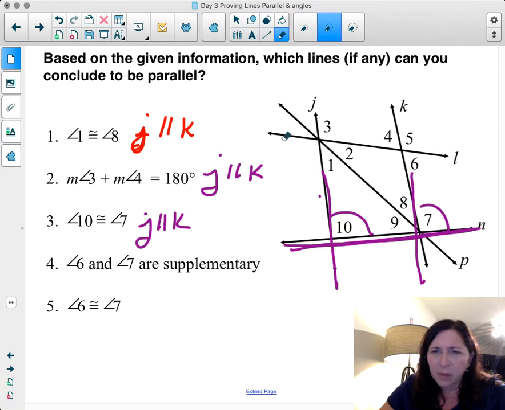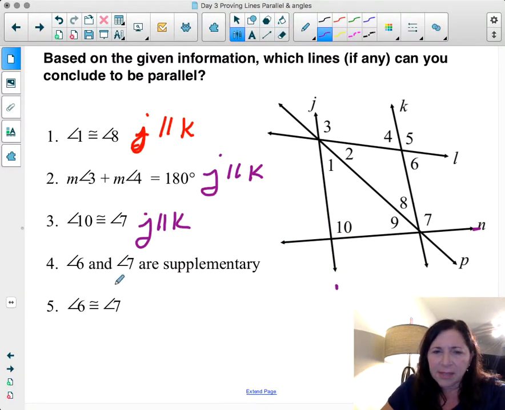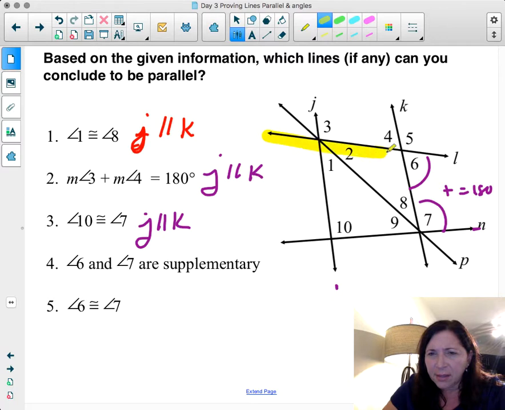Now, this one is a little bit different because this one is saying that 6 and 7 are supplementary, meaning this one plus this one equals 180 degrees. For that to happen, you would need this line parallel to this line.